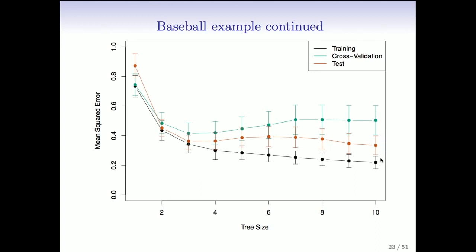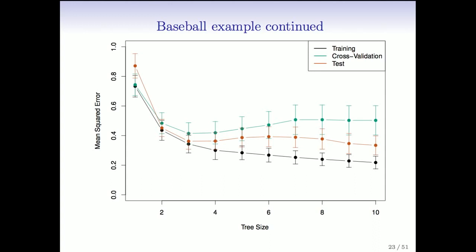Well, the training error, I should have said this first, as we expect, we know we can't use training error to choose a cost complexity parameter, because the more we fit, the better it's going to look. And we see that here. The more we fit, the lower the error. Cross-validation, on the other hand, we fit for a while, it's happy with the splits, and then it looks like it's overfitting, just increasing variance and not helping prediction error.